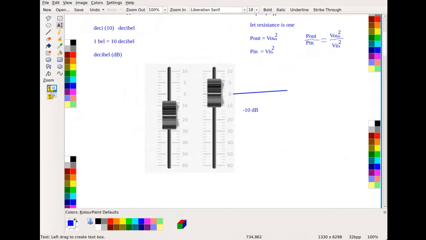So this 10 up here is minus 10 decibels. And everything above this would have to be amplified.